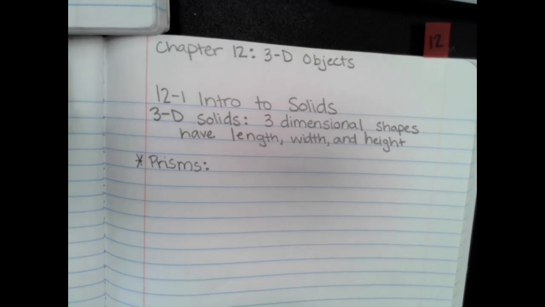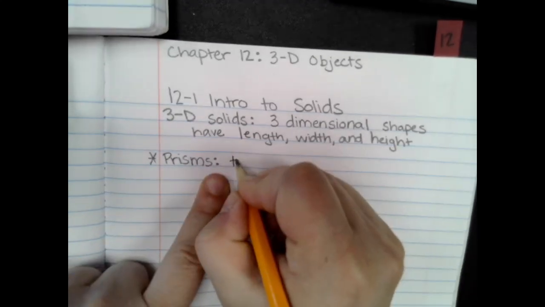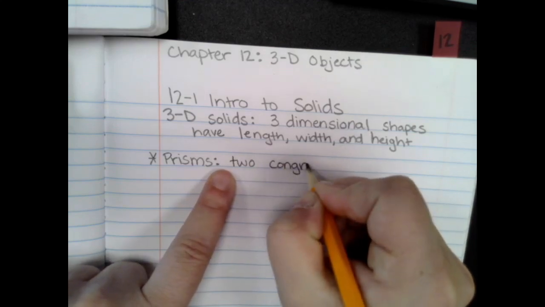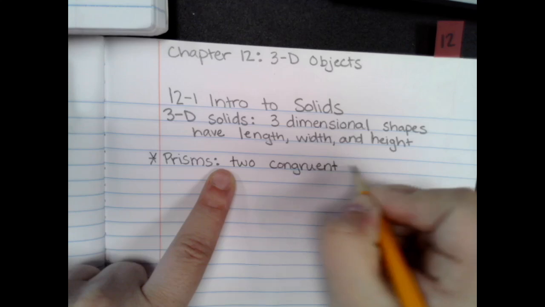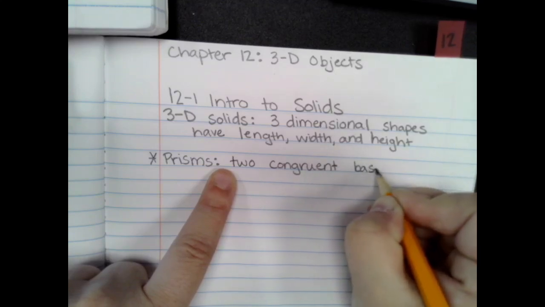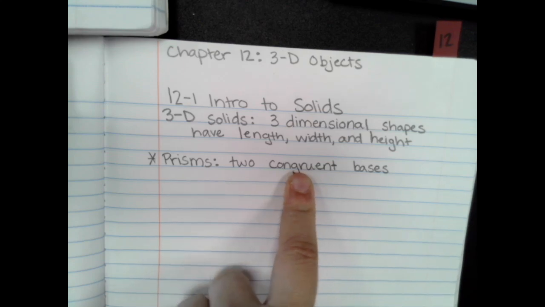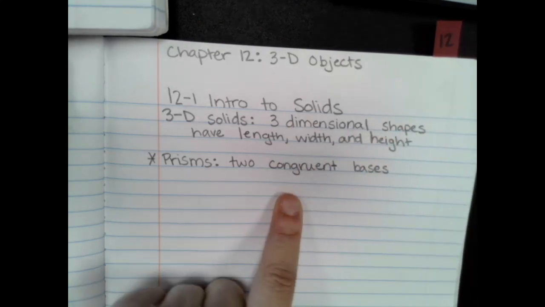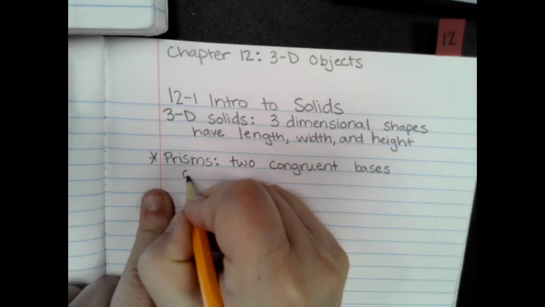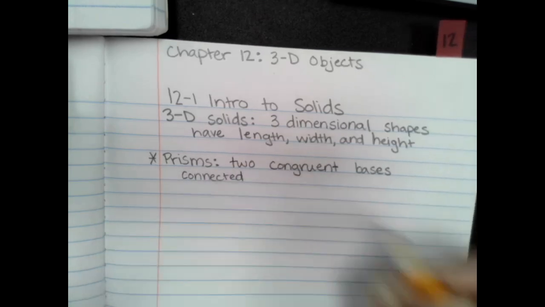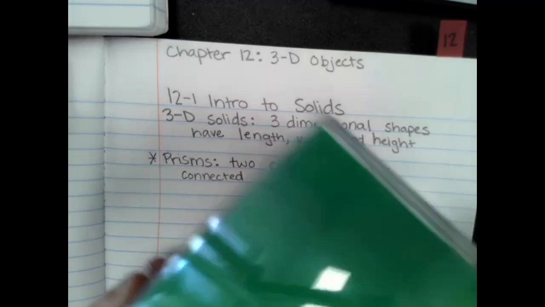Okay, prisms have two congruent bases. Two congruent bases, and what does congruent mean again? Equal, same, so two bases that are the same. And they're connected by what kind of sides do we have?